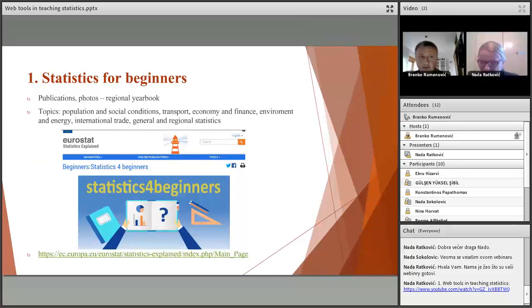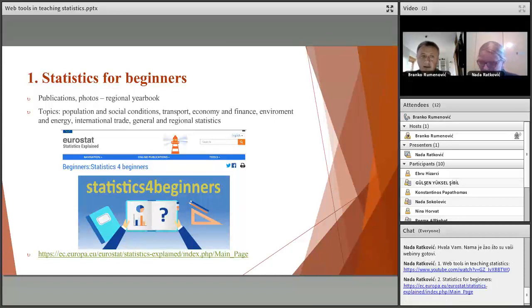First, the web tool is Statistics for Beginners. It is an easier web tool. You can find these web tools on a web page. Thank you, Nada, for sharing this web page with us. On this web page, you can find a lot of publications about statistics, photos about statistics, and the Eurostat regional yearbook.